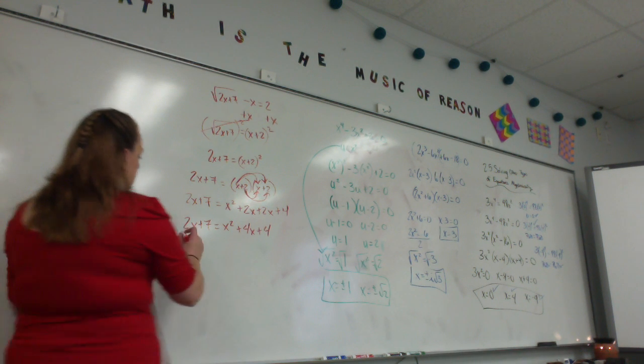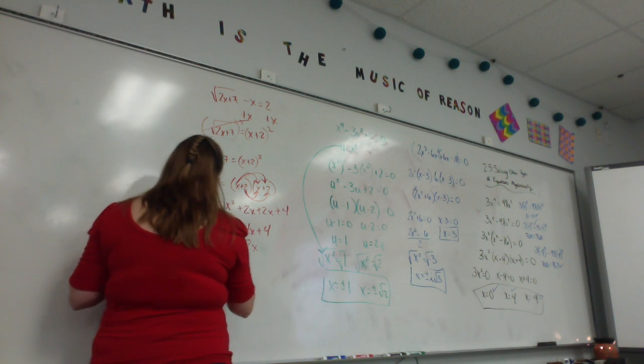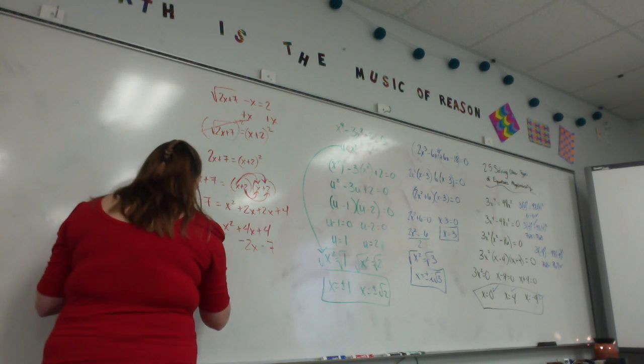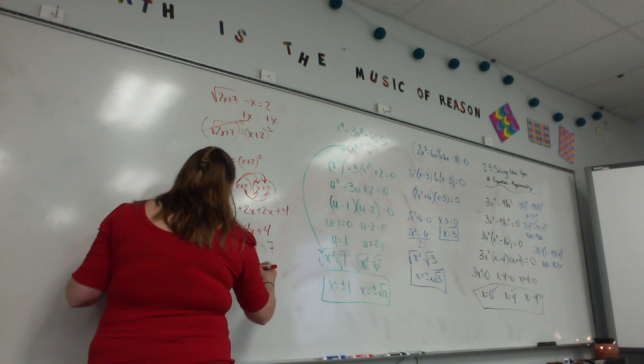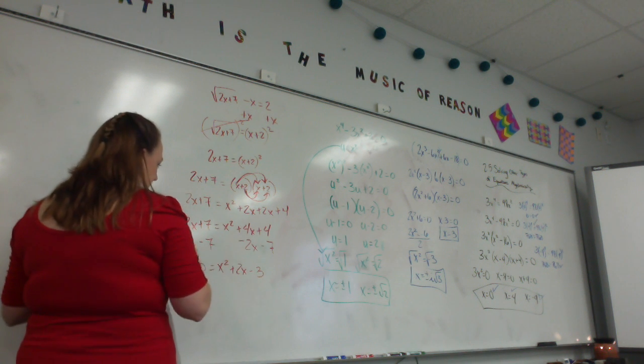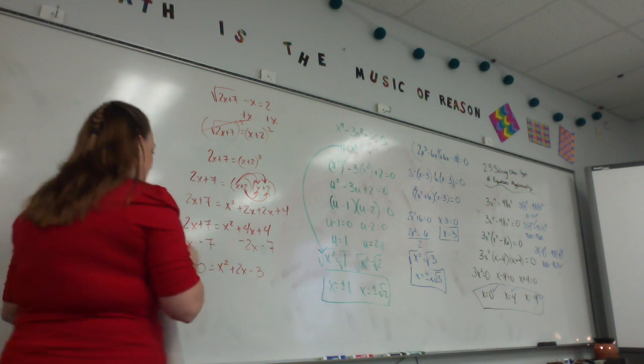I want to subtract 2x and subtract 7 from both sides so that it's set equal to 0. So 0 equals x squared plus 2x minus 3. Is that factorable? What can multiply to give me negative 3 and add to give me 2?